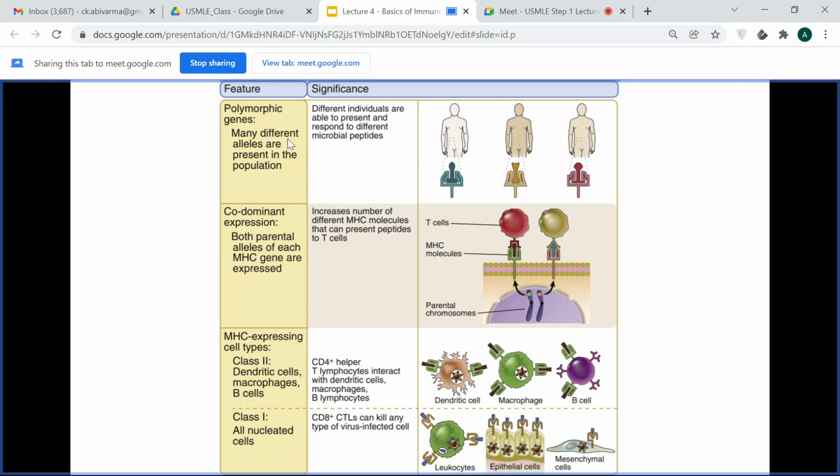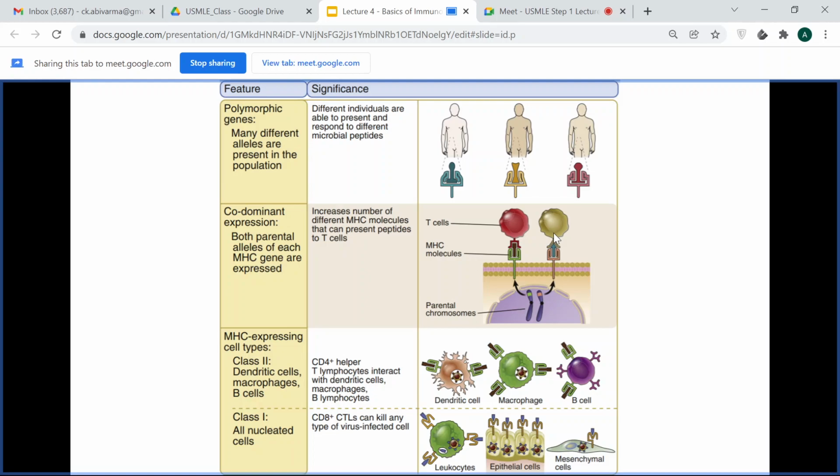Another thing that you have to keep in mind is co-dominant expression. We have 23 chromosomes from our father and 23 chromosomes from our mother. One of the chromosomes from your mother will express one type of MHC molecule, and the same chromosome from your father, so the different allele, will express a different type of MHC molecule, because it would still differ between your parents.